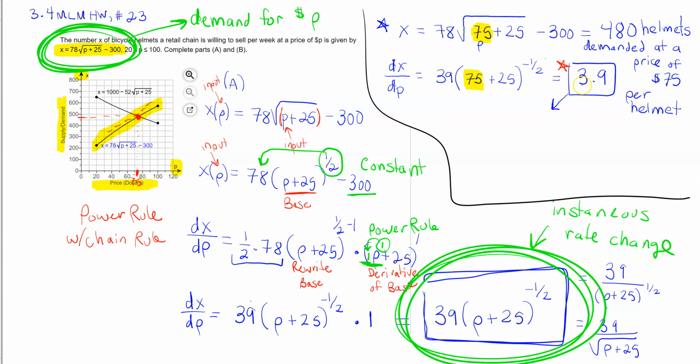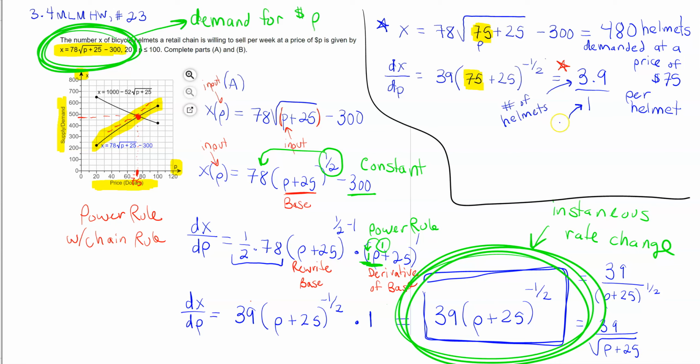Okay, and then what is that 3.9 telling me? We have to think of our units on our rates of change. So change in output over change in input. What were the units for the output? The output was the number of helmets. And then we have change in output over change in input.